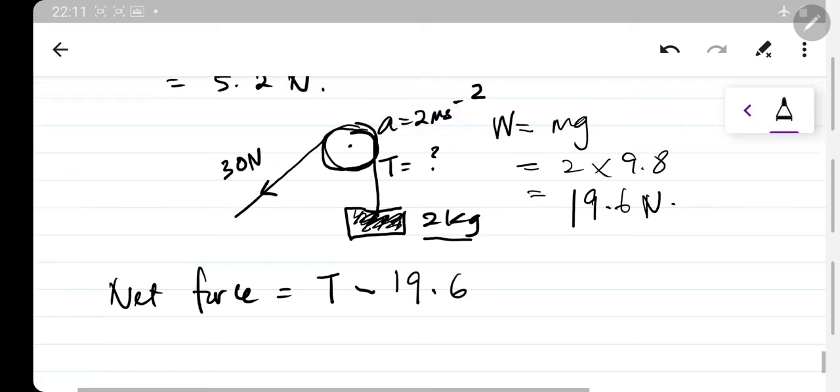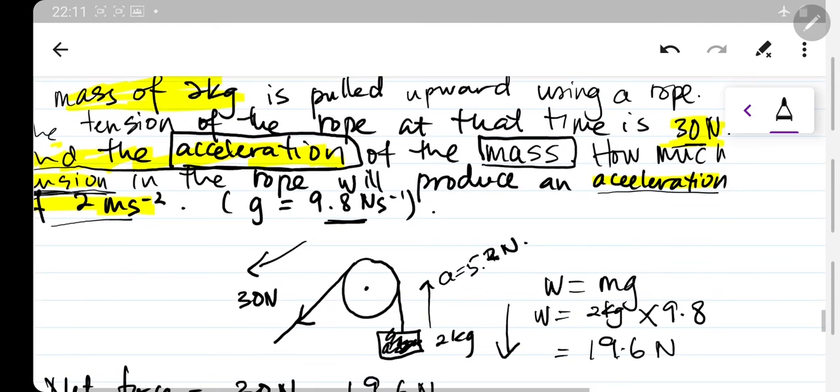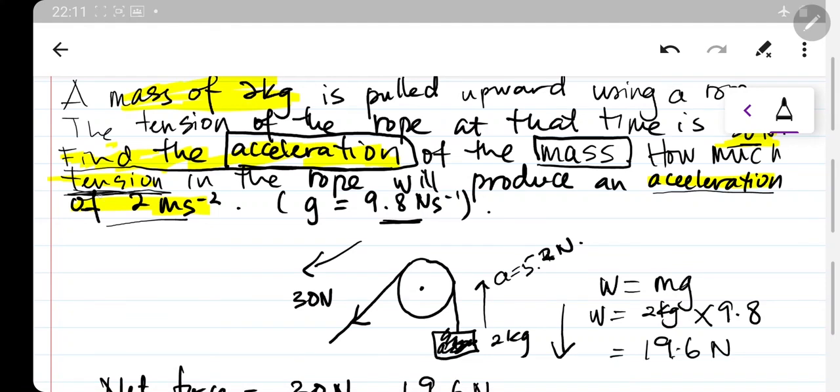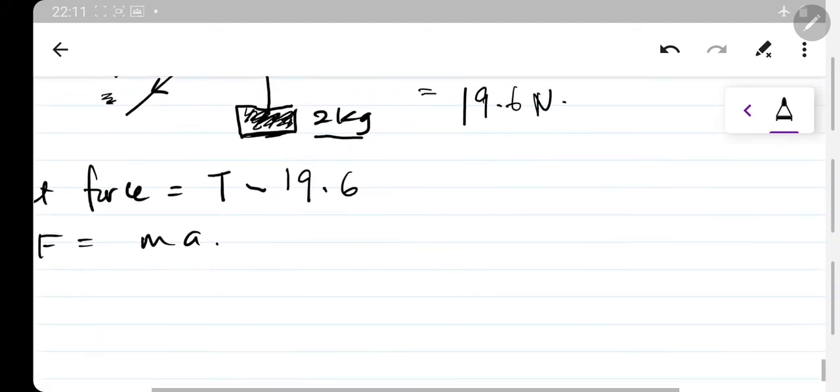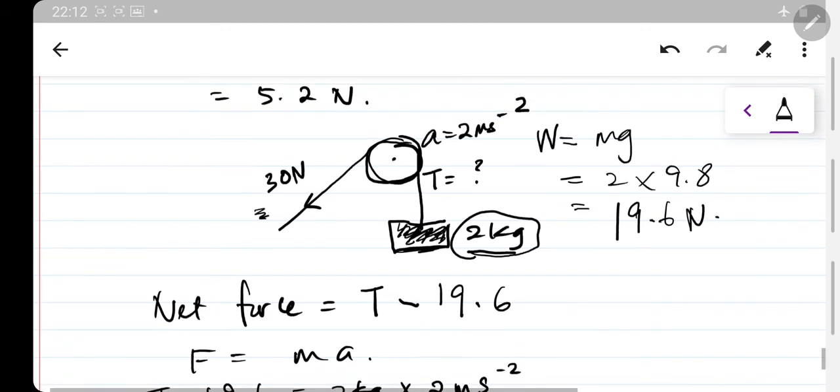So we need to use this formula, F equals ma, again. Since we are talking about this body, because the question says how much tension in the rope will produce an acceleration of 2 meters per second squared. So F is T minus 19.6 equals mass 2 kg, and the acceleration is 2 meters per second squared, given here.